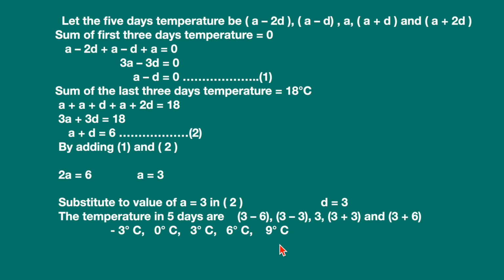And Friday is A plus 2D, that is 3 plus 6, that is 9. So these are the temperatures from Monday to Friday. So in this sum, it's very important to write this correctly. Once you write this correctly, it is very easy to solve the sum.